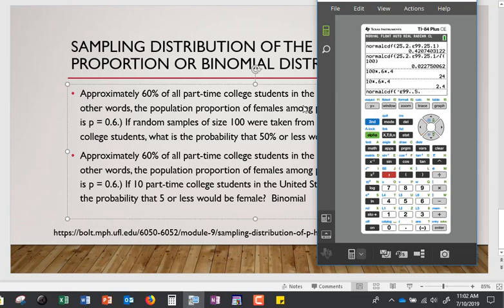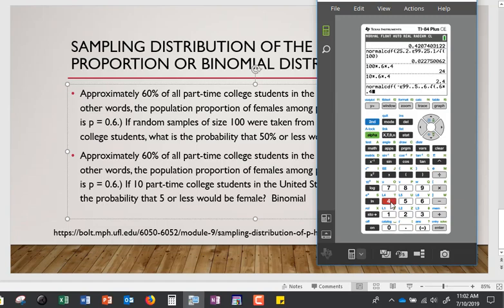Then you enter in the mean. The mean is your population proportion, so 0.6. And then you enter in your standard deviation. So this is the square root, and you see parentheses automatically pops up on mine, of P times 1 minus P divided by your sample size, 100. So 2% chance.